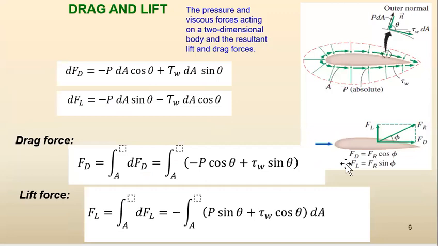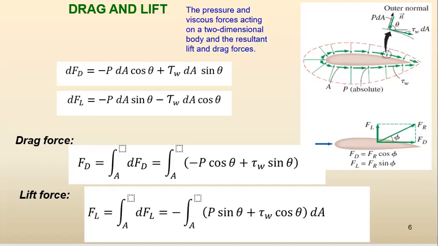For example, here, the frontal area is the area that a person standing in front of the airfoil can see. The frontal area is the cross-sectional area of this airfoil. Let's say the person is standing right in front of the airfoil, not at the side, and looks at this airfoil.